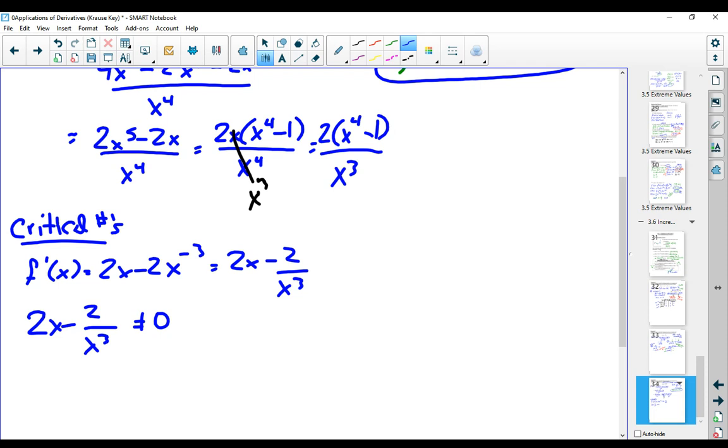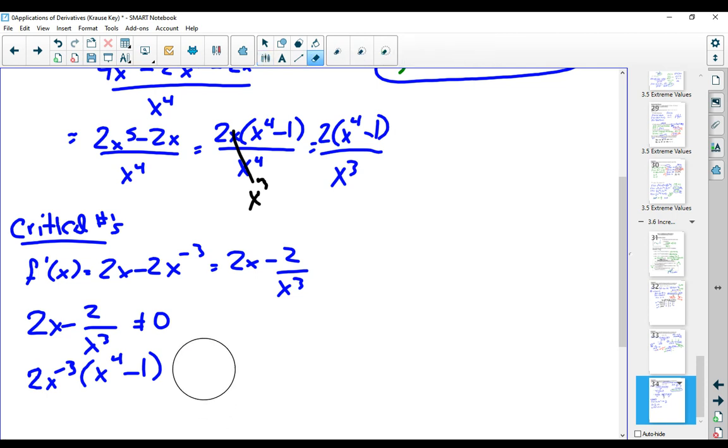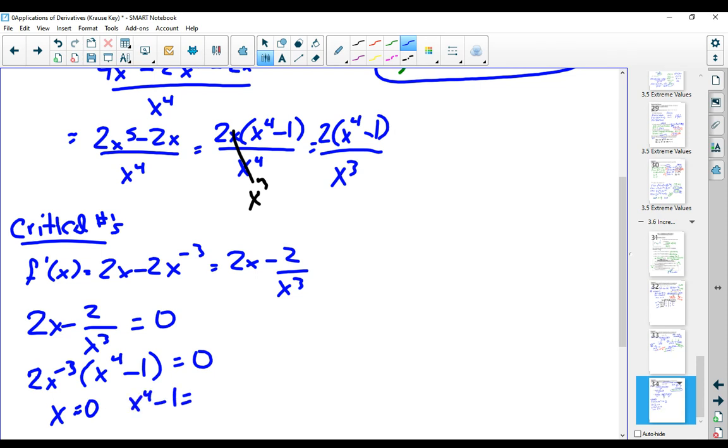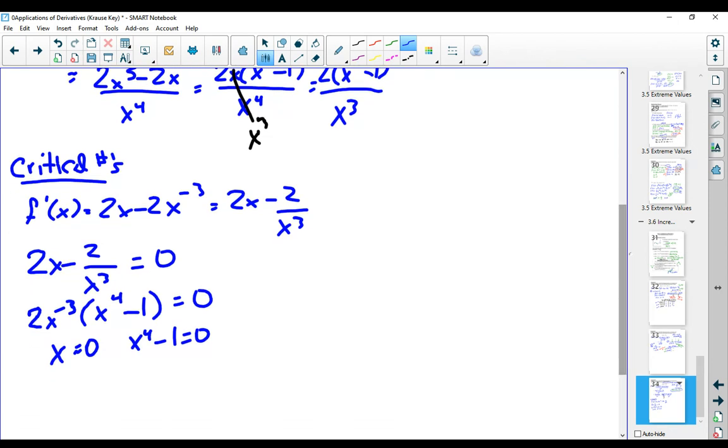So I'd probably factor out 2x to the negative 3, which would leave me with x to the 4th minus 1. All the way along this is equal to 0. So I would have factors of x equals 0 and x to the 4th minus 1 equals 0, meaning x to the 4th equals 1. And if I take the 4th root, x equals plus or minus 1.